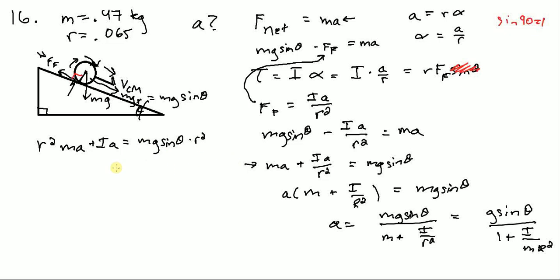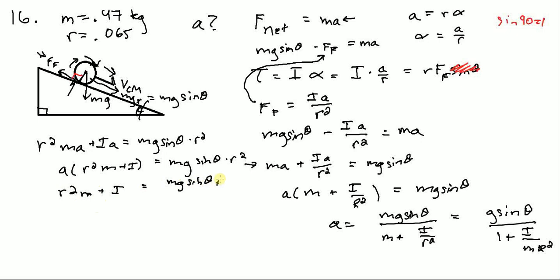All right, and then we can take out the a's here. So a times r squared m plus I equals mg sine theta times r squared. And then you've got r squared m plus I equals mg sine theta r squared over a. And then we can just subtract the r squared m to the other side.